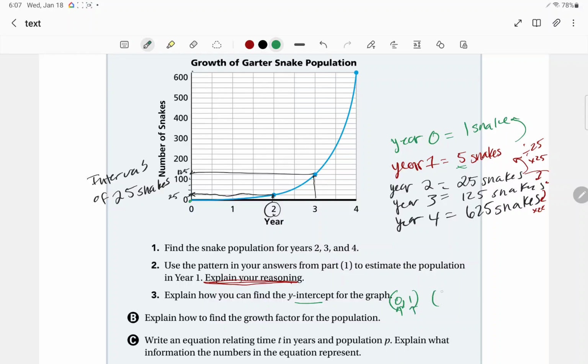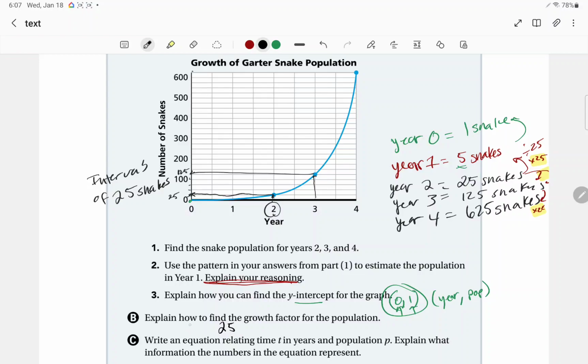So you could say this is year and population. All right, so that's what we're looking for. Something like that, or y equals 1 is fine too. On B, explain how to find the growth factor for the population. Well, the growth factor is this number that you're multiplying by every time. And so our growth factor is that multiplicative change, which is 5.